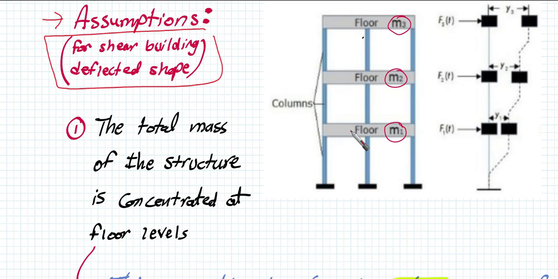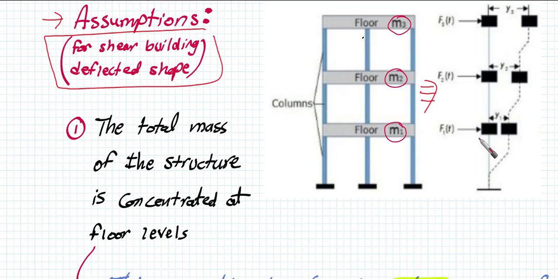Masses are concentrated at the floor levels, and we have columns. If we make the idealization, it is as if it is a cantilever column here with concentrated masses at the floor levels.